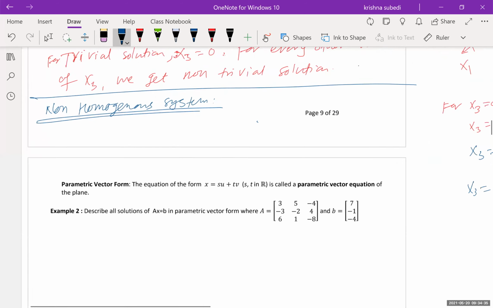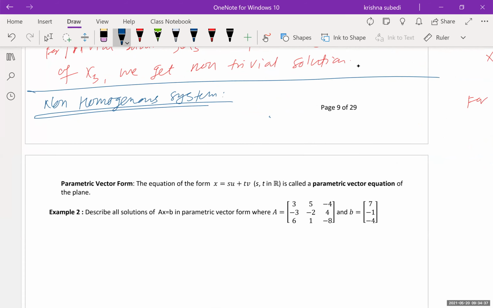For this, I just want to copy the same equations as in example 1 on the left hand side. Let's say 3x1 plus 5x2 minus 4x3 equals, it was 0 there, but I'll change it to some number later. The second one is negative 3x1 minus 2x2 plus 4x3 equals something, and let's say this is 6x1. I'm just copying the left hand side exactly the same as we have.